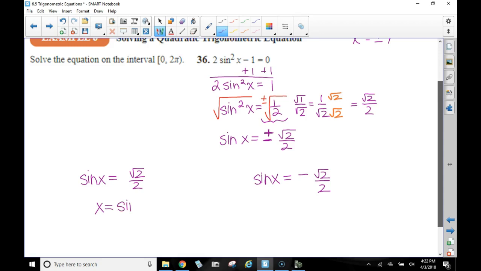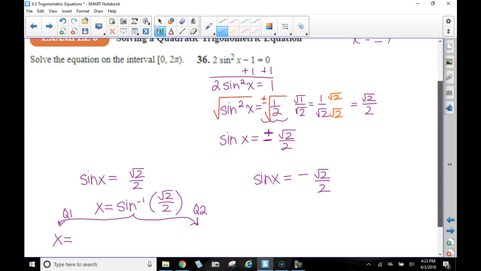So for our solutions for x, we're looking for all of the angles that have a sine value of positive square root of 2 over 2. That's going to happen in quadrant 1 for sine as well as quadrant 2. That's where sine is going to be a positive square root of 2 over 2.